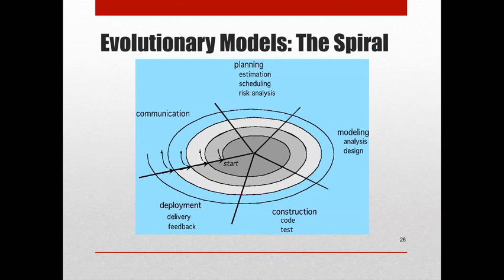The second point: the risk can be identified and rectified before it becomes problematic. It means the risk, whatever we identify, we rectify before it goes into the problematic stage. That is all about your advantages.